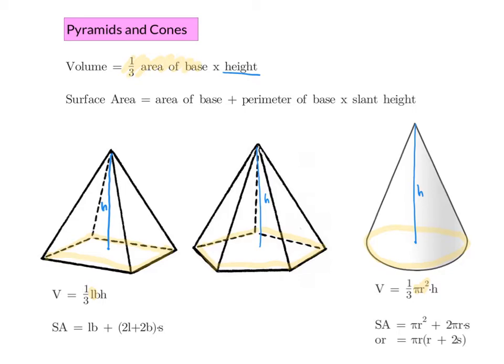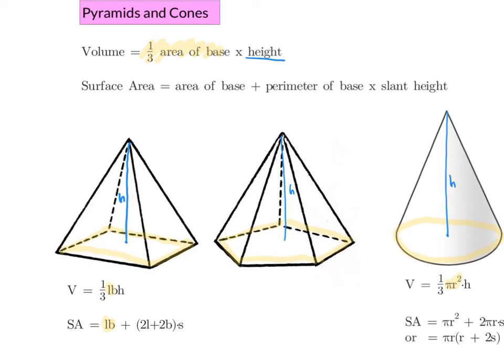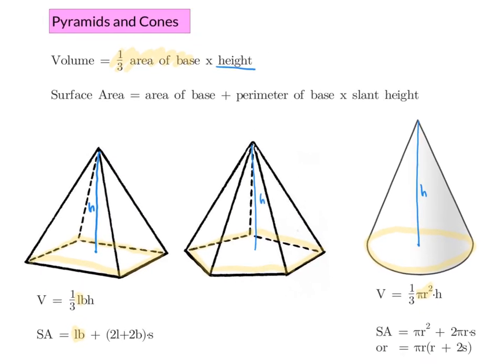Next, let's look at the surface area. Like I mentioned with prisms, you're going to have to think carefully about how you use your surface area formula. Does your pyramid or your cone have a base, or does it not? If it has a base, you'll need to add the area of the base on. If it doesn't, you'll only do the area of the curved part. For the first pyramid, the surface area is the area of the base, length times breadth, plus the perimeter of the base times the height.